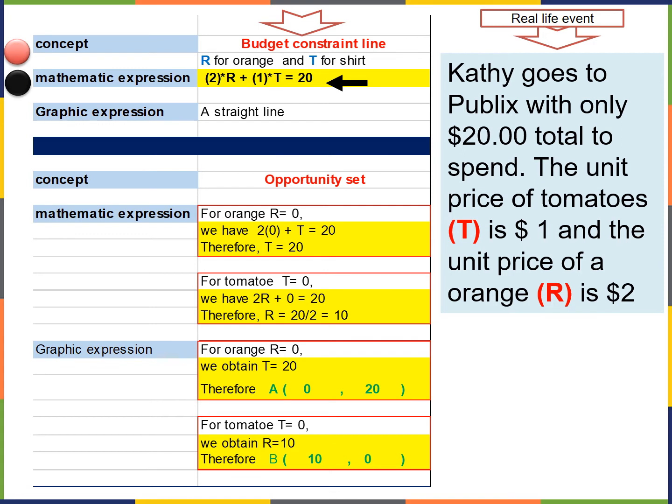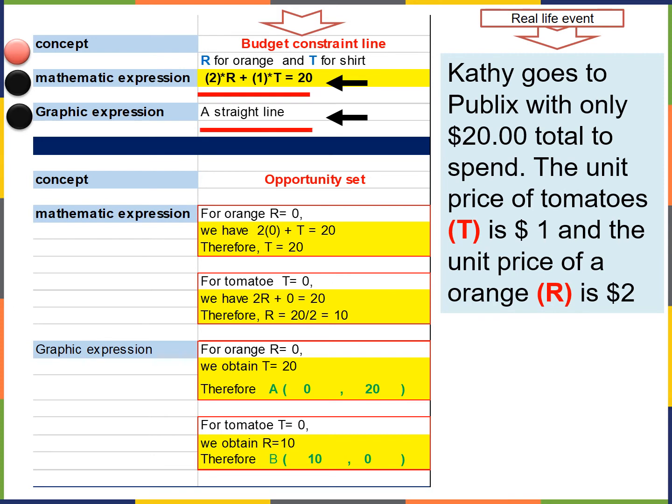That gives me the total purchase of orange. Then I multiply the price of a tomato times the quantity of tomato purchased. When I add both purchases, that will be equal to the $20 budget. And for the graphic expression, as we mentioned above, it will be a straight line that we will further explore.